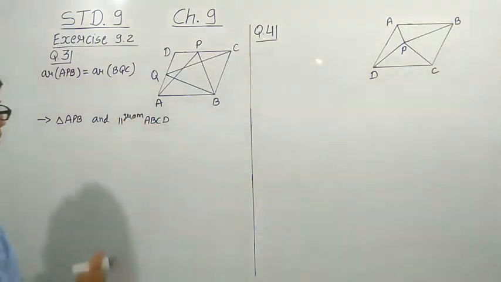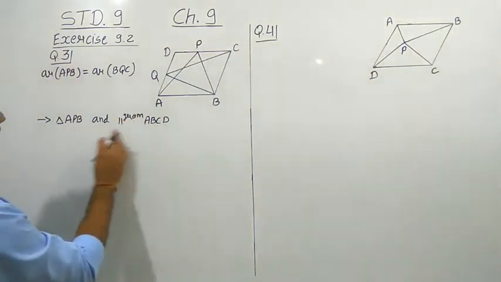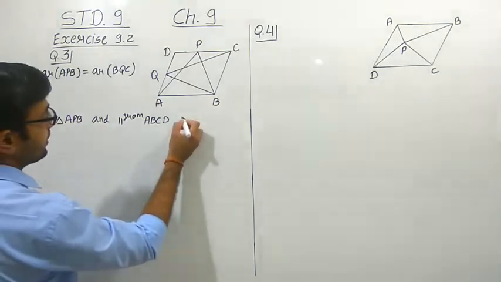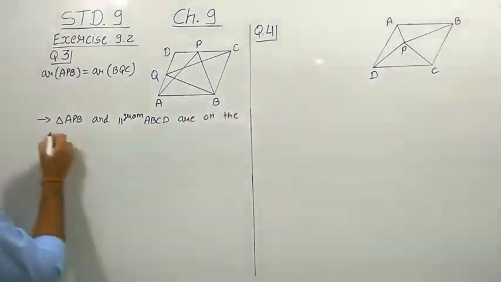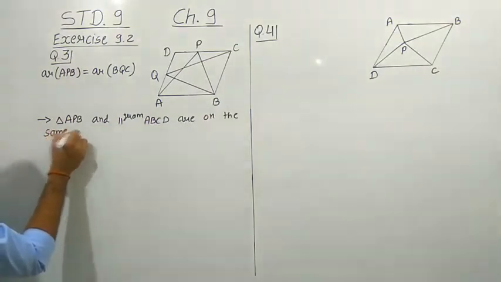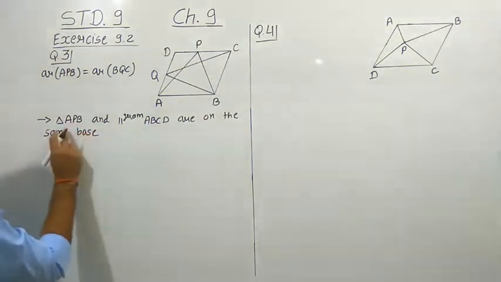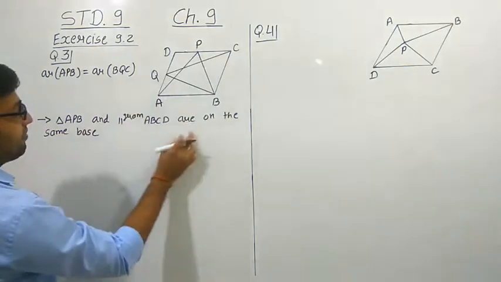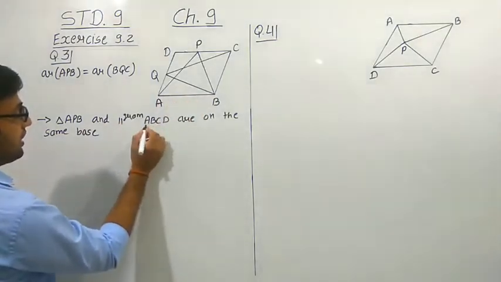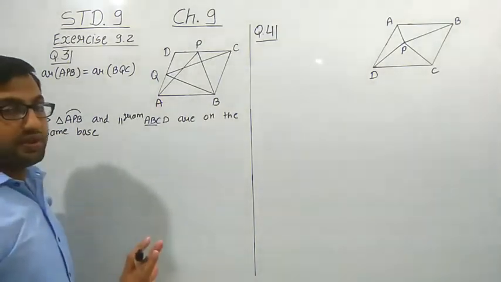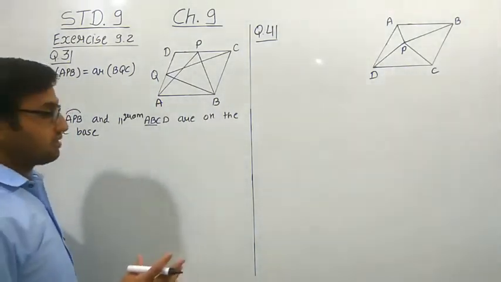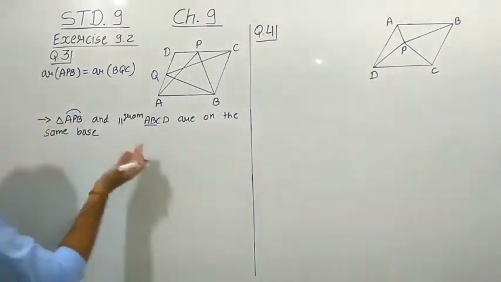So triangle APB and parallelogram ABCD are on the same base. Which is the same base here? See, APB and ABCD both have this side AB as common, right? So we can take that as a base for both the triangle and the parallelogram.